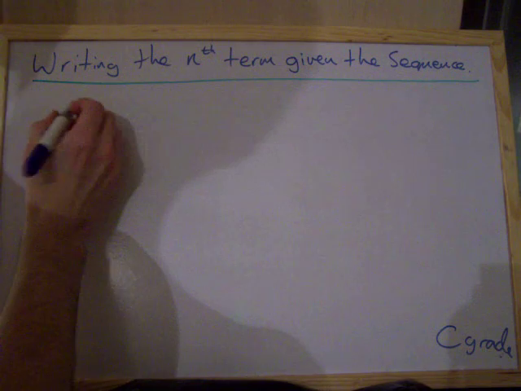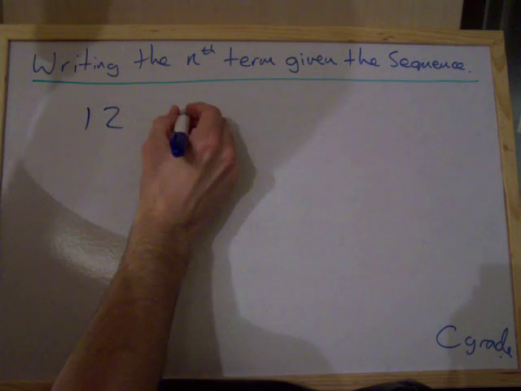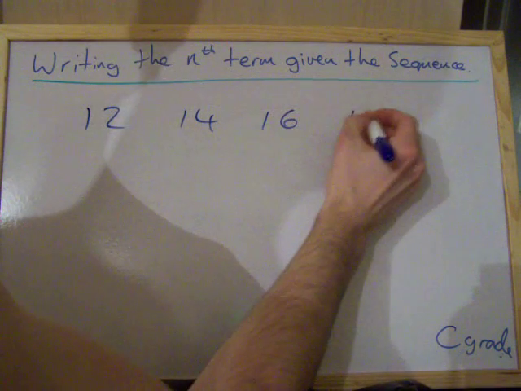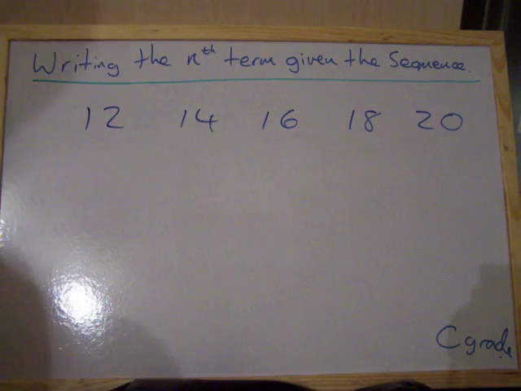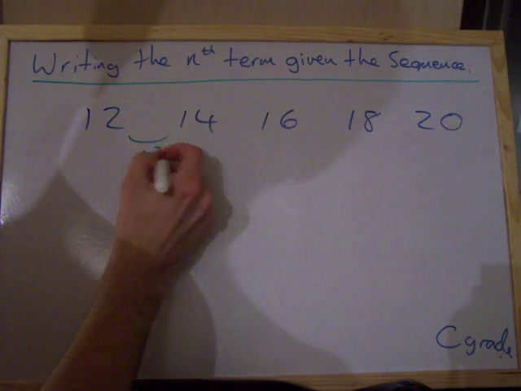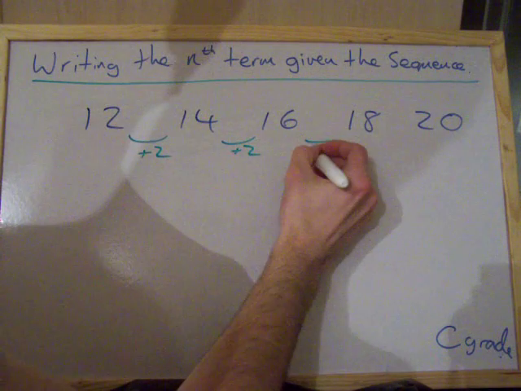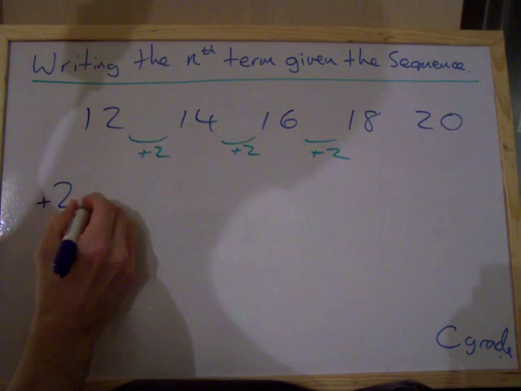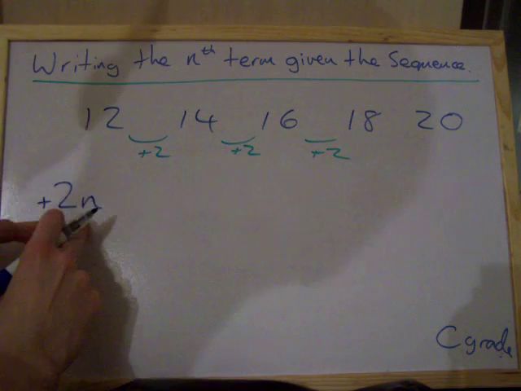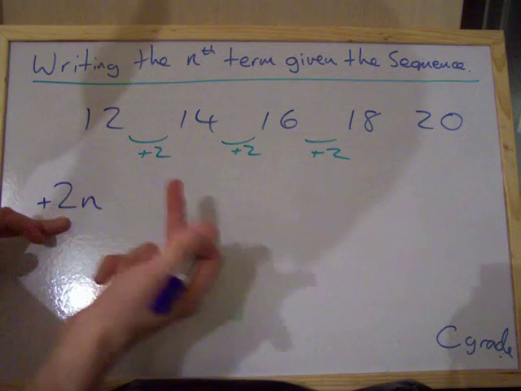Right, let's do a sequence. Let's do 12, 14, 16, 18, 20. Right, immediately, straight away, I'm adding 2 every time. Okay, if I'm adding 2 every time, I'm going to start off with plus 2n. Plus 2n should start with 2, because 2 times 1 is 2. Doesn't it?